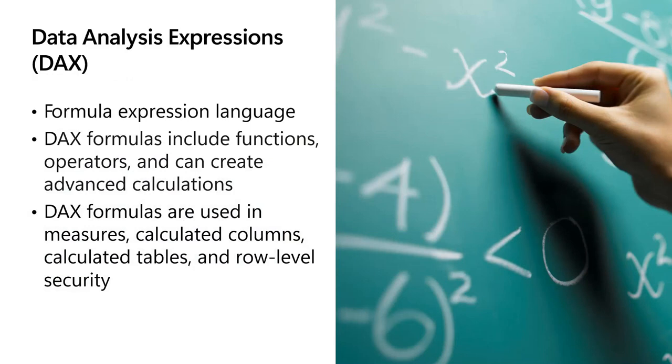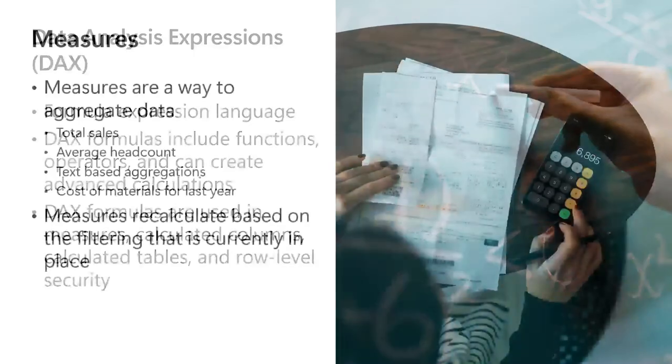When we model our data, we start to be introduced to data analysis expressions, DAX. It's the formula expression language of Power BI, and you'll find that it's very similar in construction to that of Excel formulas. We use DAX to create calculated columns and calculated tables, in addition to creating measures, which are aggregations of our data.